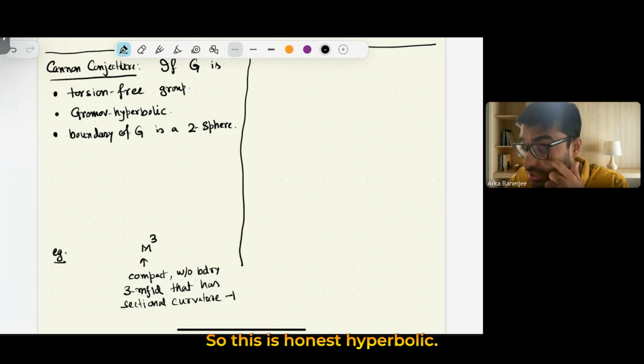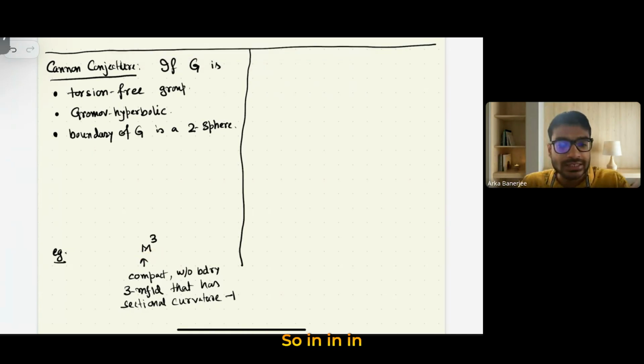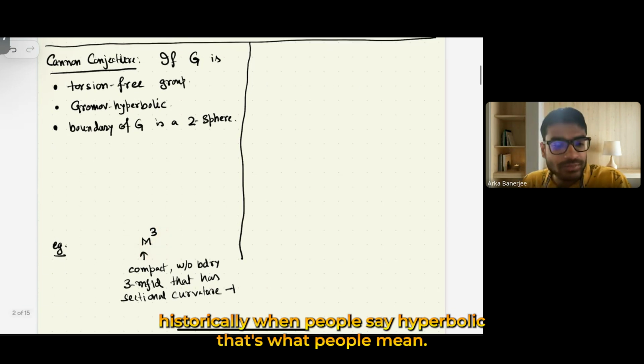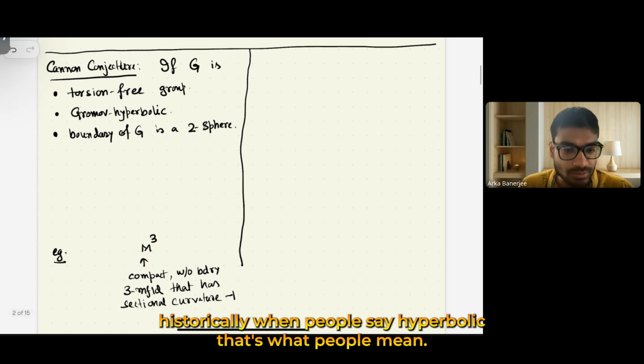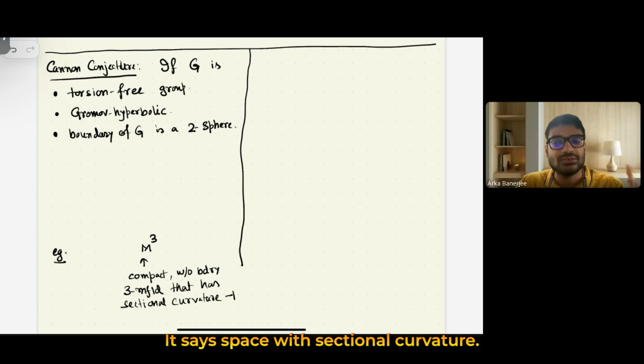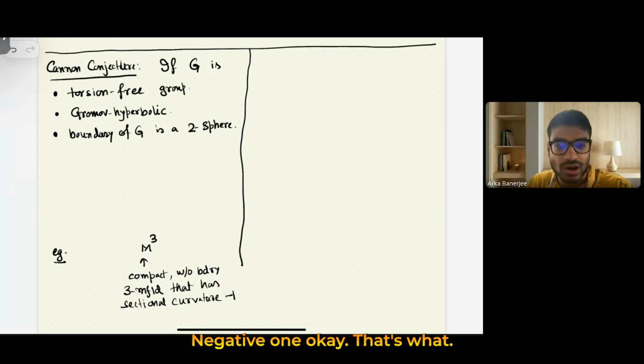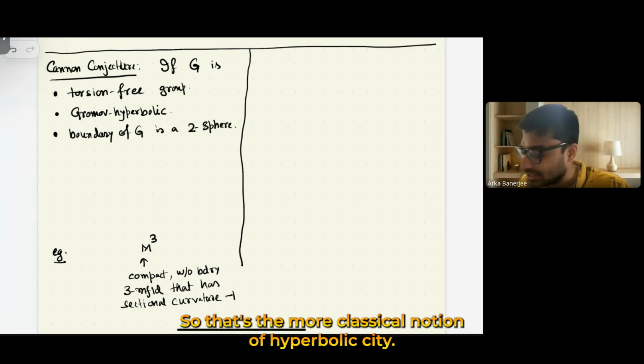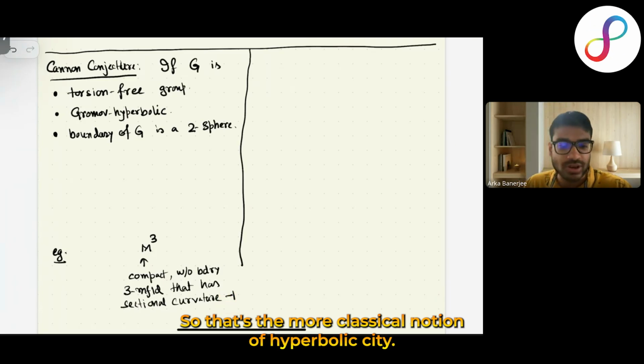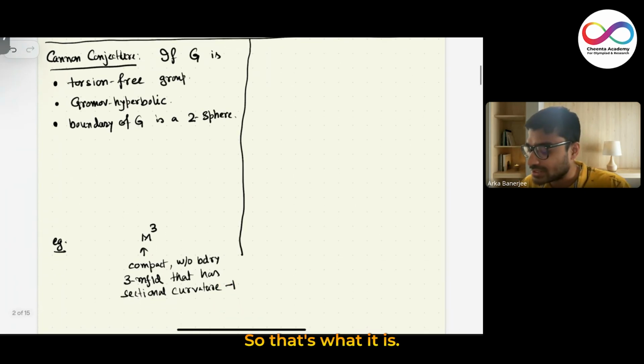Okay, so this is honest hyperbolic. Historically, when people say hyperbolic, that's what people mean. It's a space with sectional curvature -1. That's the more classical notion of hyperbolicity.